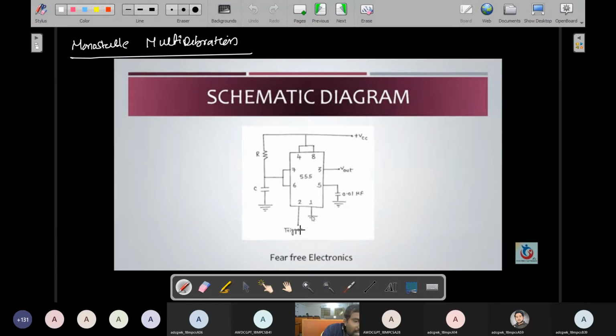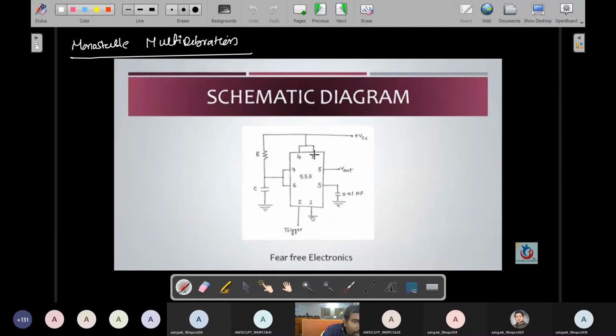The first pin is connected to ground, and the third pin is taken as the output voltage. The eighth pin is positive VCC and the fourth pin is the reset pin, and both are connected to VCC because the fourth pin is not used.